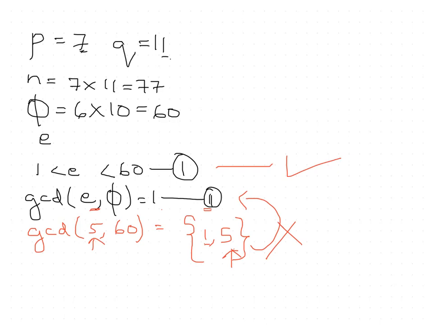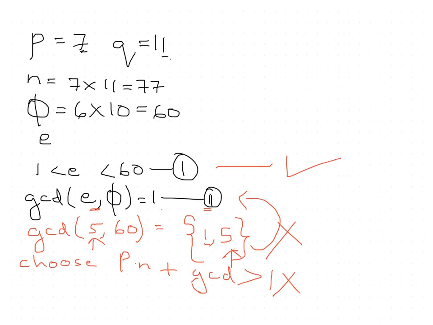So here also you have to keep in mind that when you choose e, it should be a prime number which does not have a GCD greater than 1 with reference to the value of phi. So I cannot choose 5 here as e.